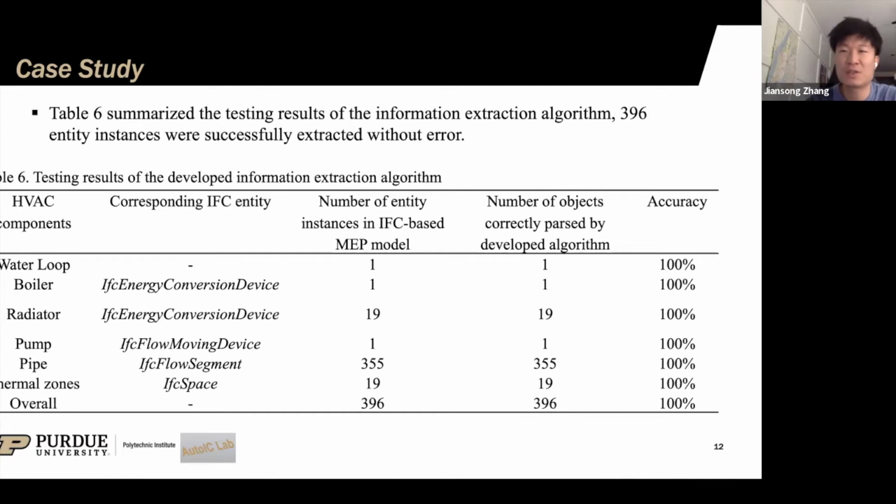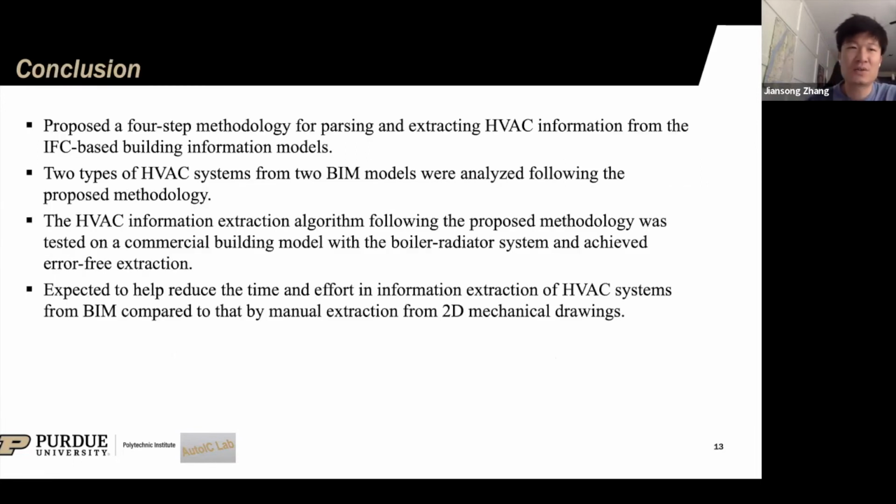There were 396 entity instances successfully extracted without error. We did this basically by comparing the number of entity instances in the original IFC model and the extracted entities through the developed algorithm.